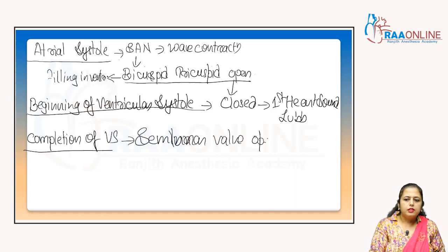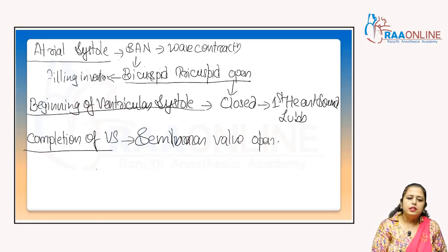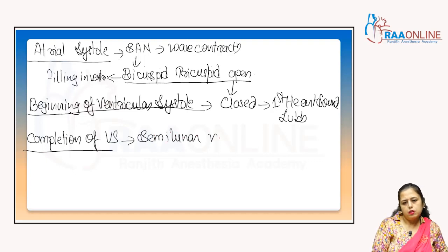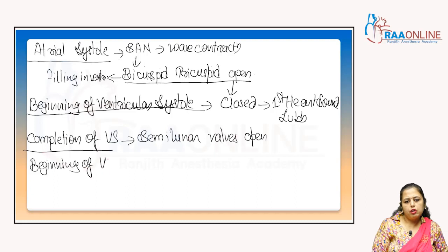Semilunar valves open in the completion of ventricular systole, right? Now the beginning of the ventricular diastole. Now what will happen?